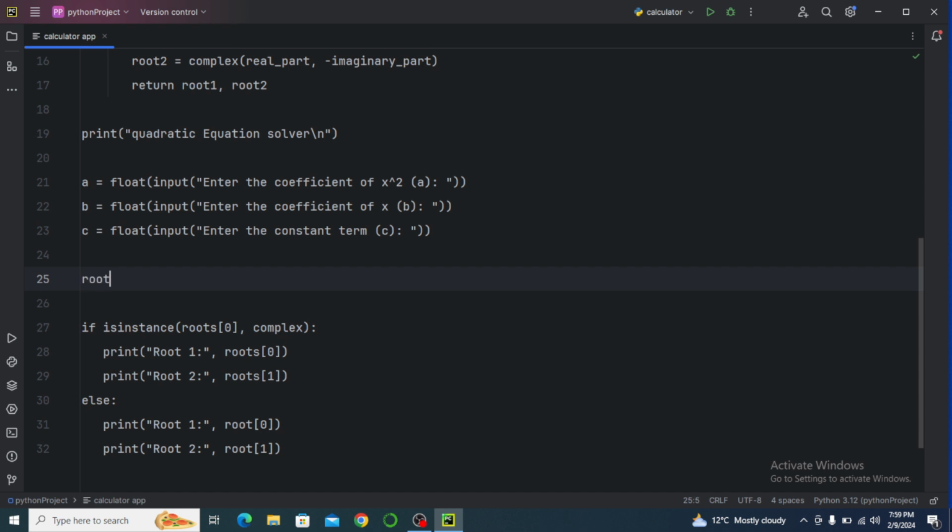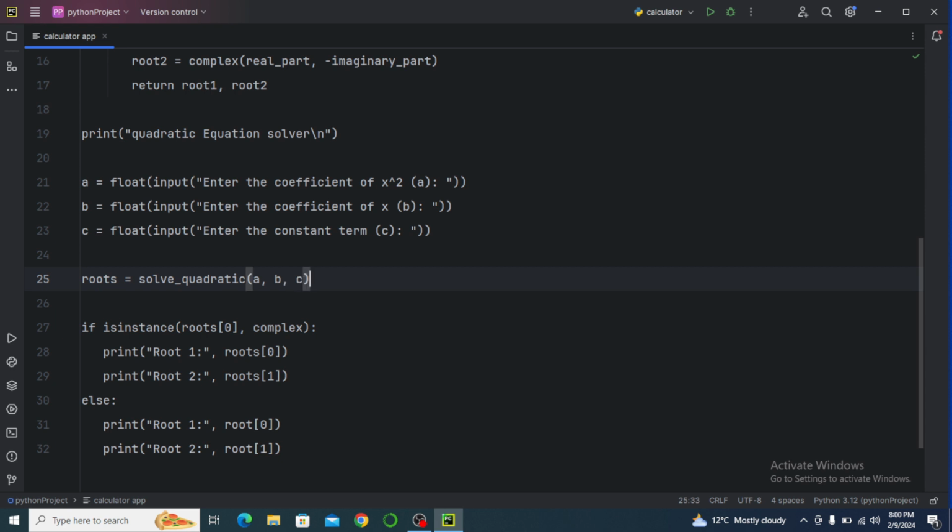Root is equal to solve quadratic a, b, c.